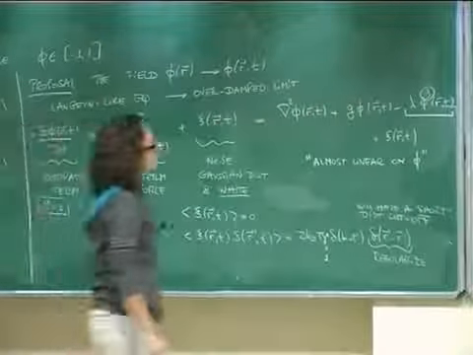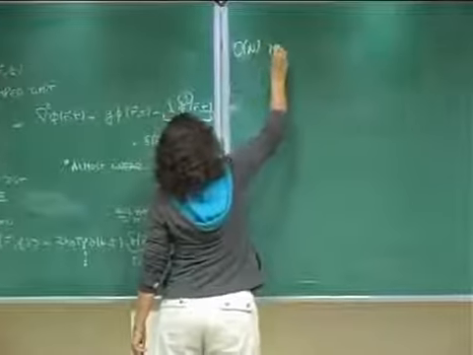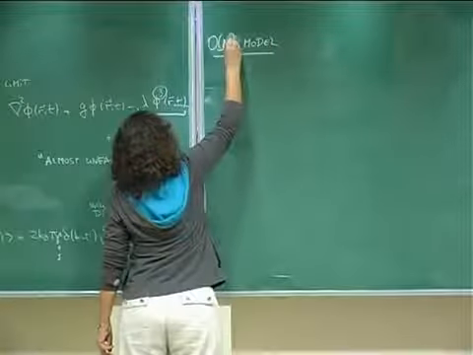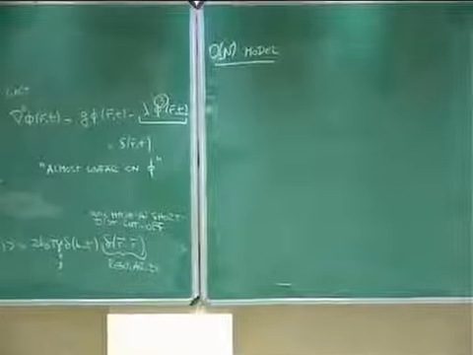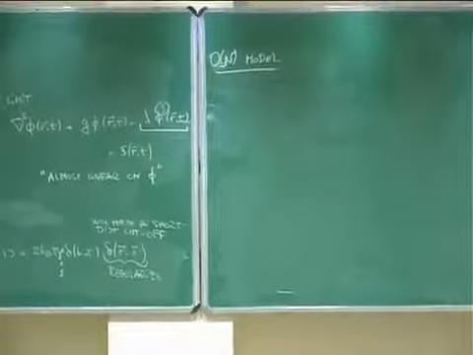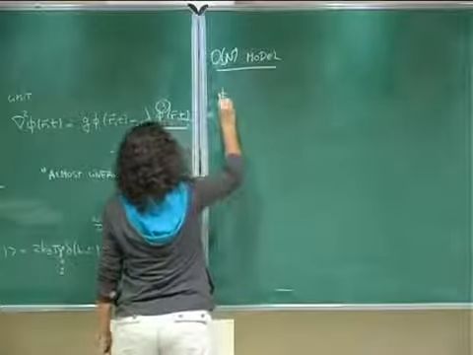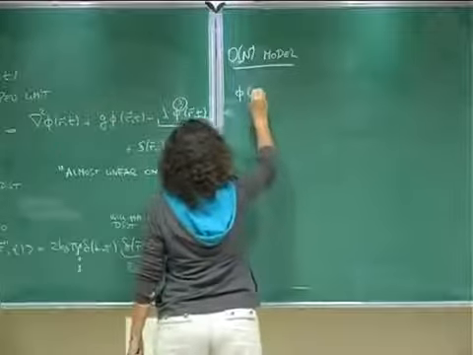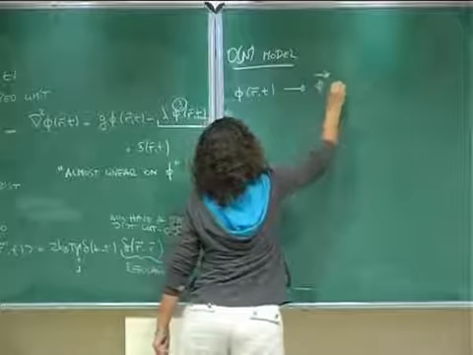So one way to do that is to go to this O(N) model. This N here is not the number of spins in the sample, it's another parameter. And what this O(N) model means is that instead of working with a scalar field, phi, over R, I'm going to upgrade the scalar field to a vector field.